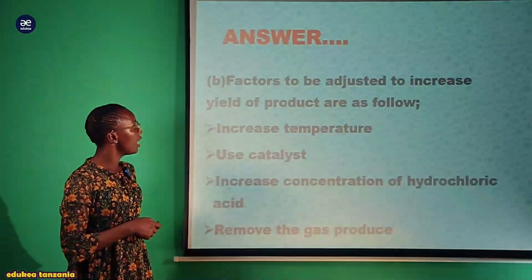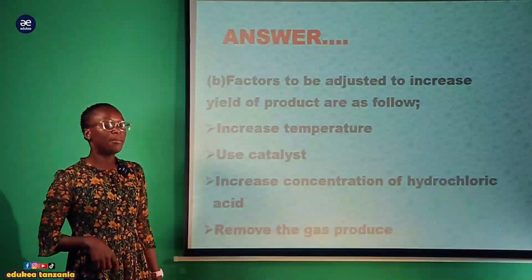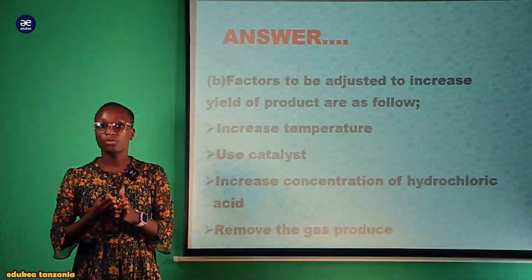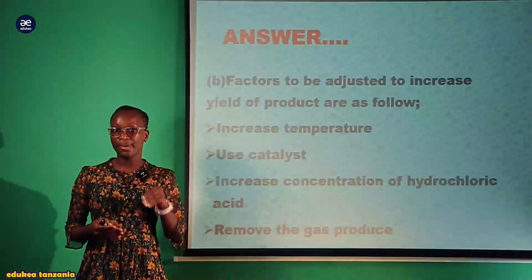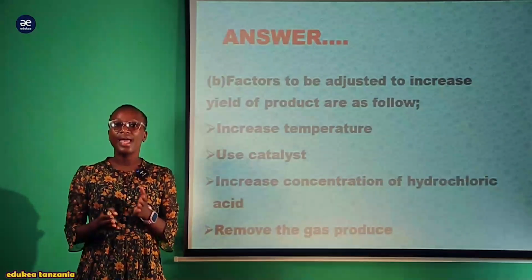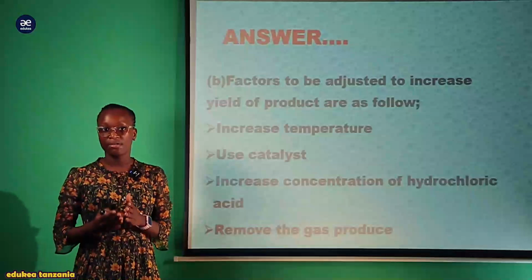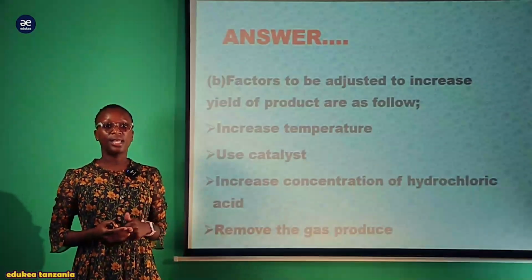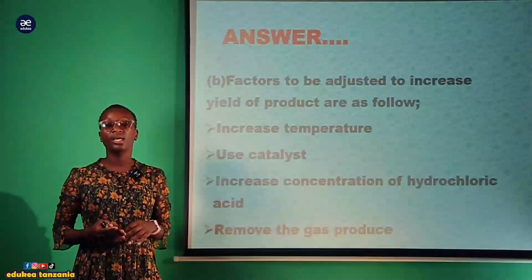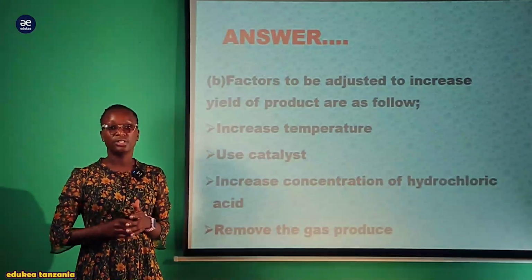Therefore the temperature should be adjusted by increasing it, but also the use of a catalyst. When we talk about a catalyst, we are talking about those substances that speed up the rate of chemical reaction by lowering the activation energy. The energy that is required to be large for a reaction to take place in a certain time, the catalyst stimulates the reaction to take place very fast, but reduces the energy required for the reaction to take place.